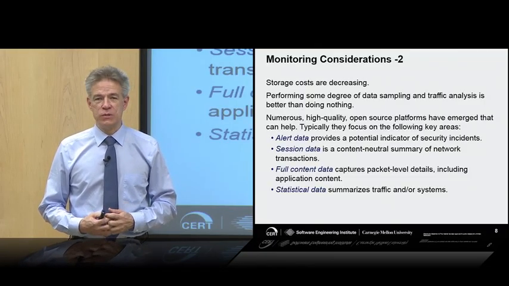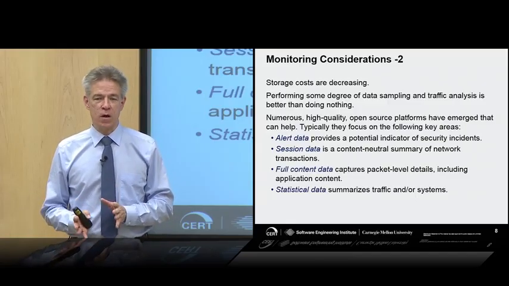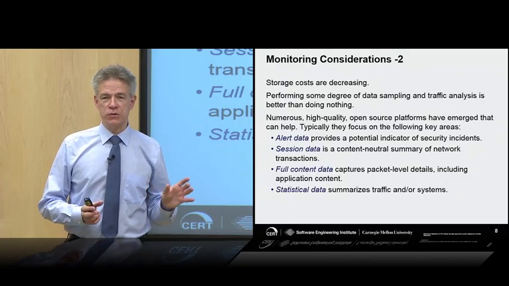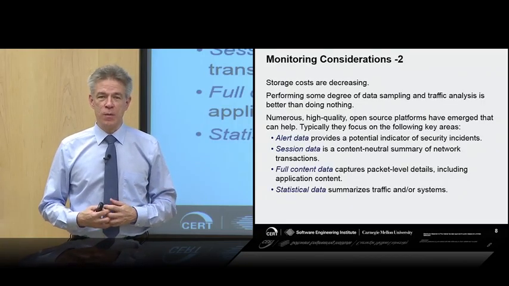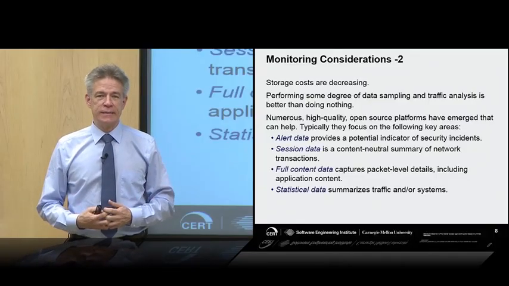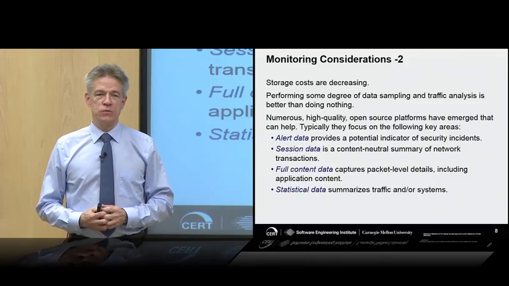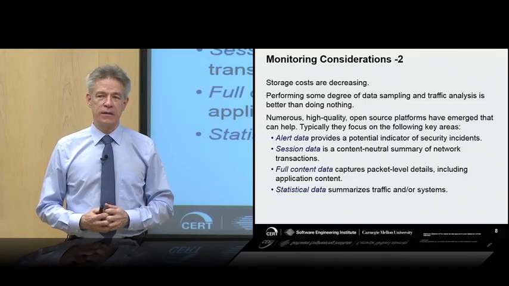This is somewhat similar to a record of telephone calls where you know when the calls occurred, from what phone number to what phone number, and the duration of the call, but you really don't know what's happening in the conversation. If you want to find out more detail, you can do things like full packet captures, which will include all the content of those packets too.